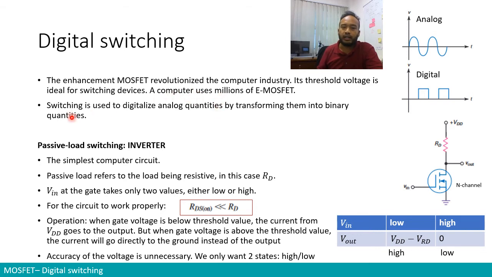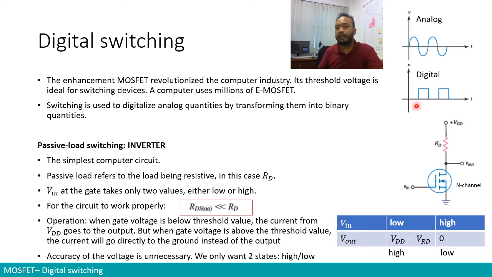The basic idea behind digital switching is to digitalize analog quantities. Imagine an analog quantity that looks like a sinusoidal waveform. To treat it digitally, each continuous value, for example the amplitude of the sine wave, needs to be converted into a number described by a binary number.